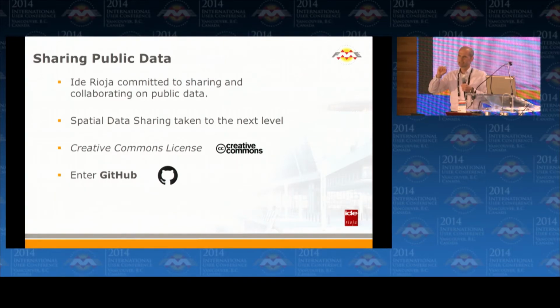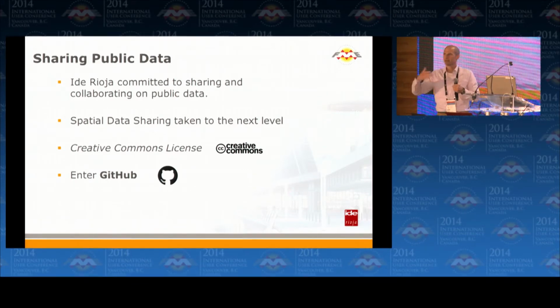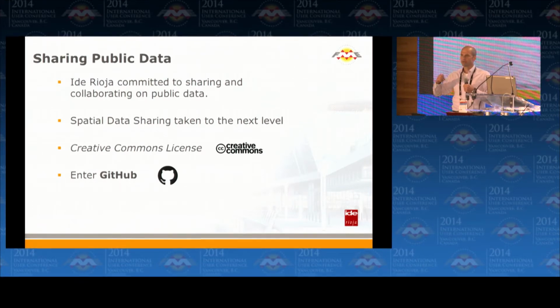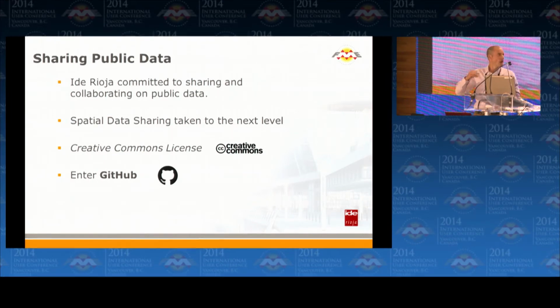This is a license typically used in open source software. They wanted to apply that to their data sharing agreement. What this particular Creative Commons license basically means is that anyone can use the data. You can make money from the data. You can make other products from the data, as long as you credit them and notify people if you've changed it in any way. So that's what they wanted to do.